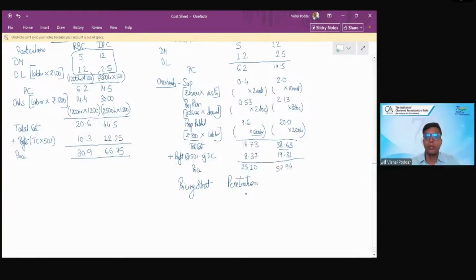What is penetration pricing, students? Penetration pricing is a strategy where, like I'll give you the best example of Jio, that initially to capture the market, to penetrate into the roots of the market, they offered the services at a very low price. Rather, in fact, if I'm not wrong, they started offering it free. And then as each player got removed from the market, first BSNL got eliminated, then private players got eliminated.